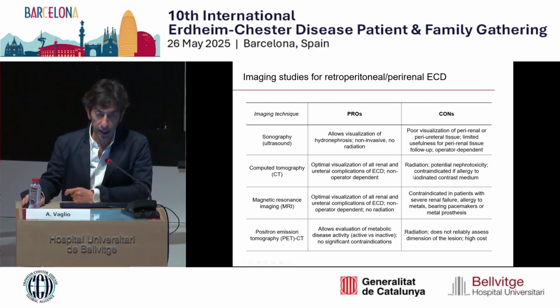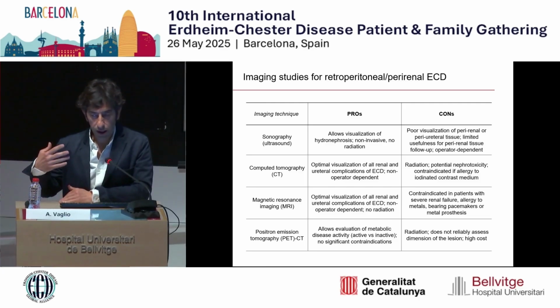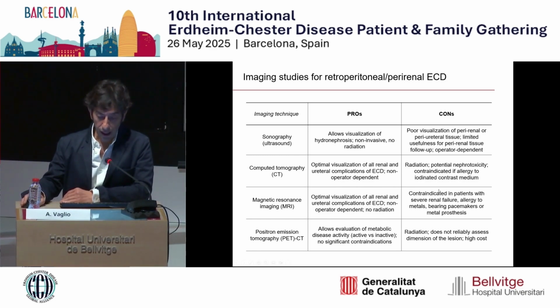And it can be contraindicated for patients that have allergy to this kind of medium. Whereas MRI is usually contraindicated when you have a very severe, very advanced chronic kidney disease.